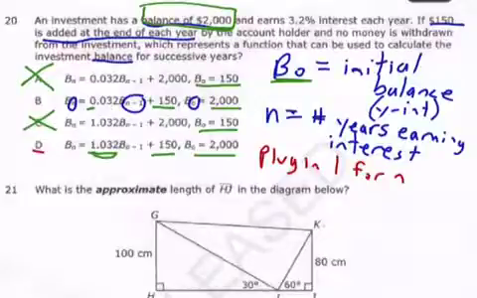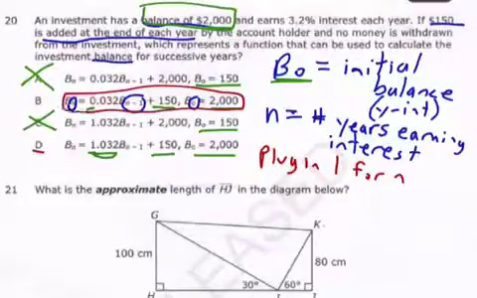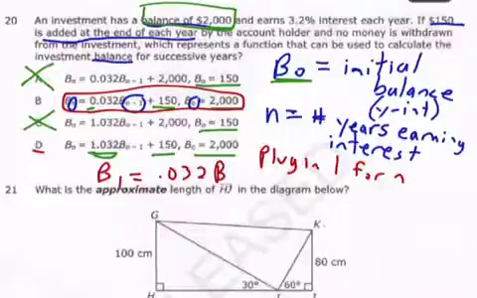Well, if we plug in a 1 for this one, we're going to have B of 1 equals 0.032 B to the 1 minus 1, I just plugged in a 1 for N, which is really 0. And then plus 150.